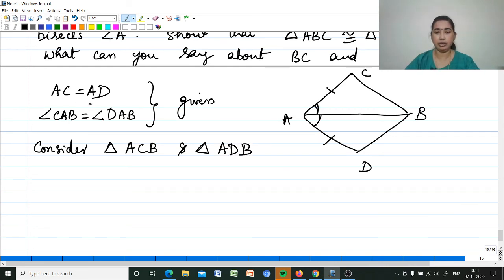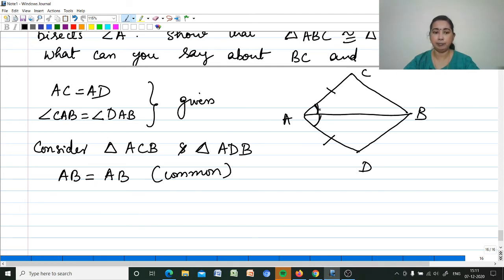Already we know that AC is equal to AD and these two angles are the same. Also AB is equal to AB, which is the common side for both.